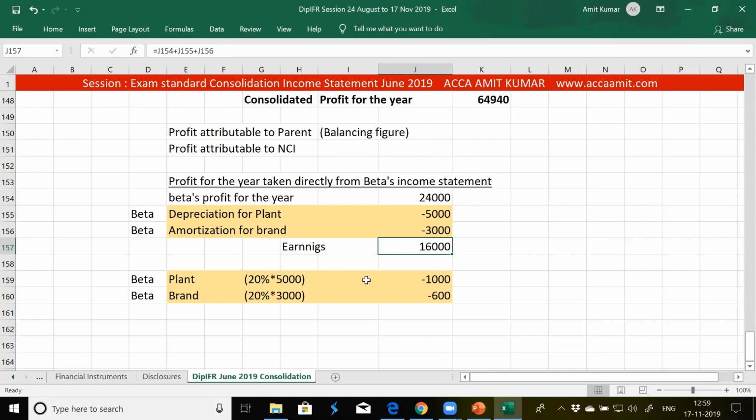So what will be the impact on the earnings of this adjustment, 1,600? What is the impact? Please think through it. It is the opposite of that: these earnings have not reduced these expenses.